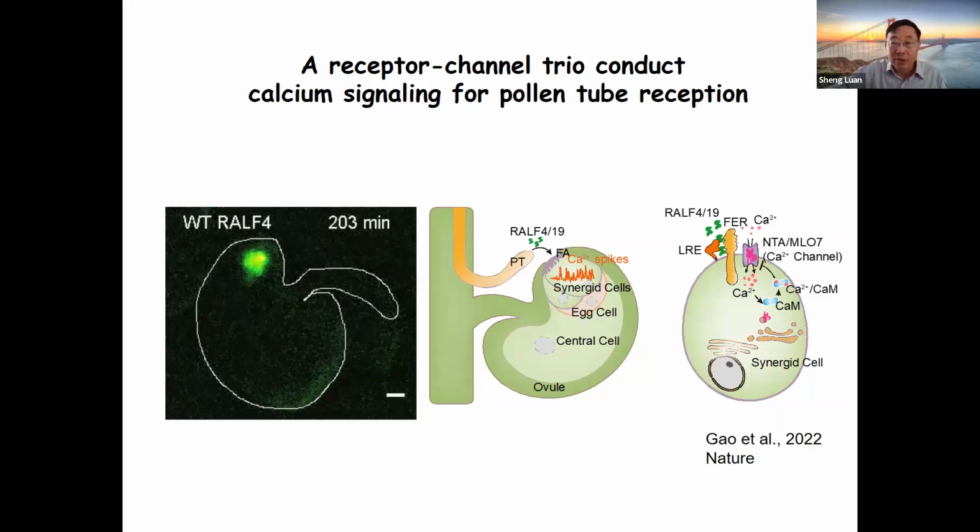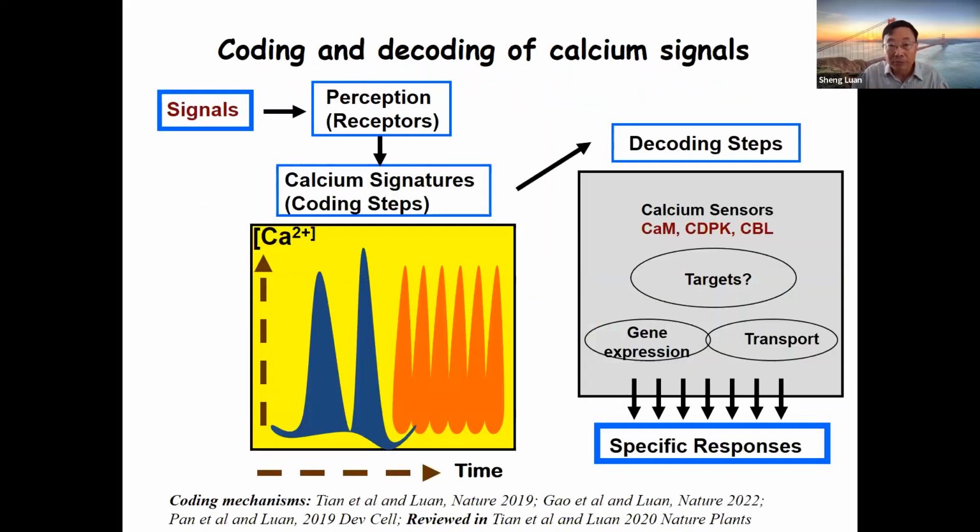Okay, so with that, I just wanted to show you some examples of how we deal with calcium coding mechanisms by identifying different channels and transporters and how their activity is regulated to formulate those up and down patterns, right?